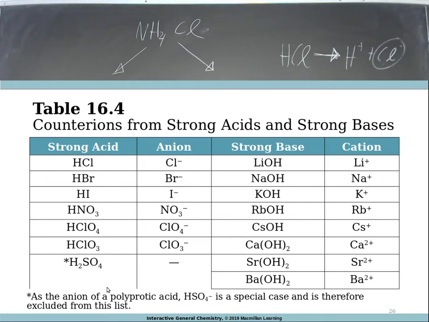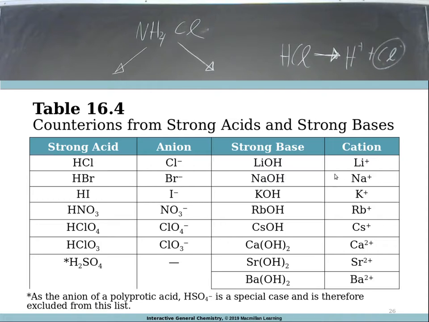Now H2SO4 is one of our strong acids, but remember H2SO4 is a polyprotic acid. HSO4- is itself still an acid. And in fact, it's an acid with a surprisingly strong Ka value. Since it has a negative charge, you might think that it wouldn't be an acid at all, or at least an exceptionally weak acid, and it's one of the strongest acids that we have on our tables of weak acids. So anyway, that's one exception to the rule.